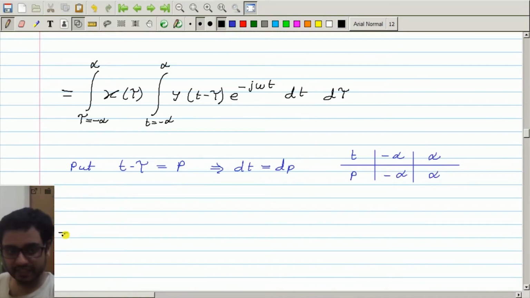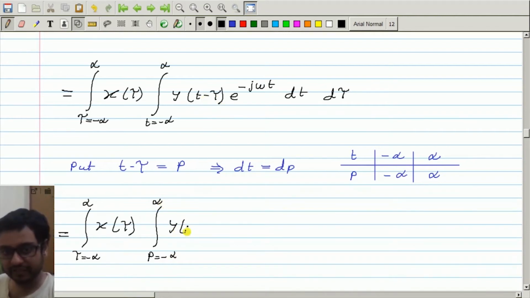So this is equal to x of tau as it is, and here this will be integration over p equal to minus infinity to plus infinity y.